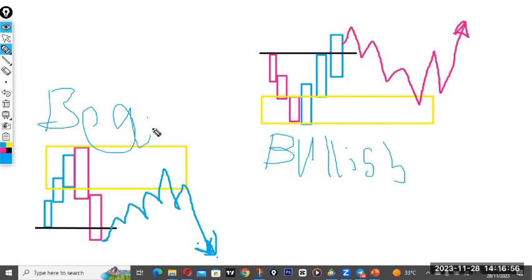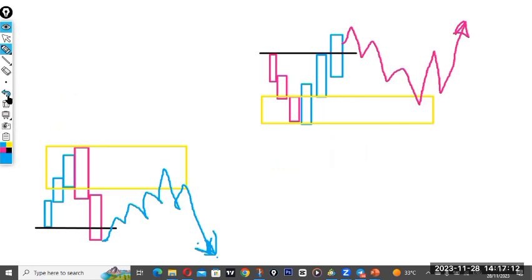Don't mind my writing, I'm not used to writing with a mouse. So the bearish and the bullish order block, these are the two order blocks we have. The bearish order block is the one that tells you to sell, while the bullish is the one that tells you to buy. I'm going to explain these things one after the other.